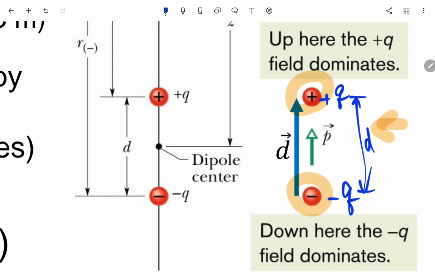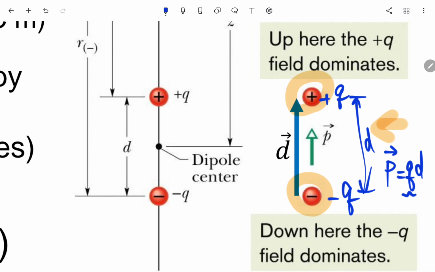And then the direction is starting from the negative charge to the positive charge. So from the negative charge to the positive charge will be the direction of the D vector. In such a way we have P vector equals QD.